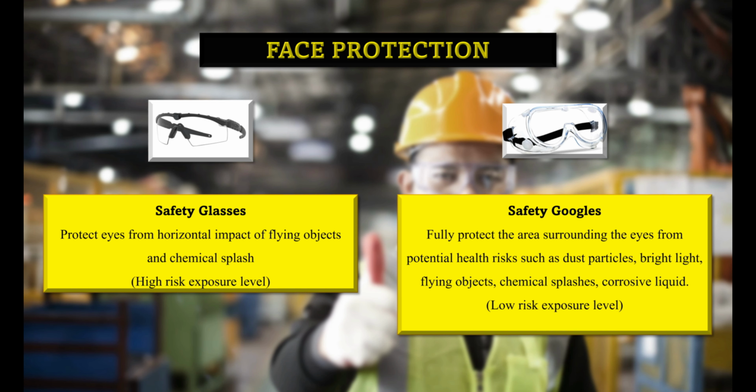Meanwhile, safety goggles fully protect the area surrounding the eyes from potential health risks such as dust particles, bright light, flying objects, chemical splashes, and corrosive liquid. The risk exposure level of the wearer after wearing safety goggles is considerably low.